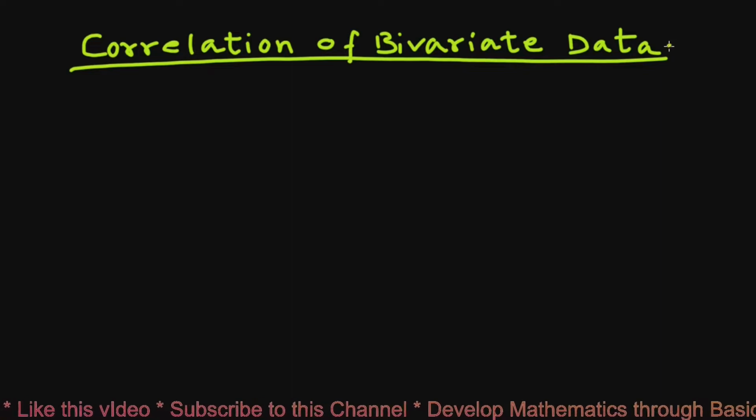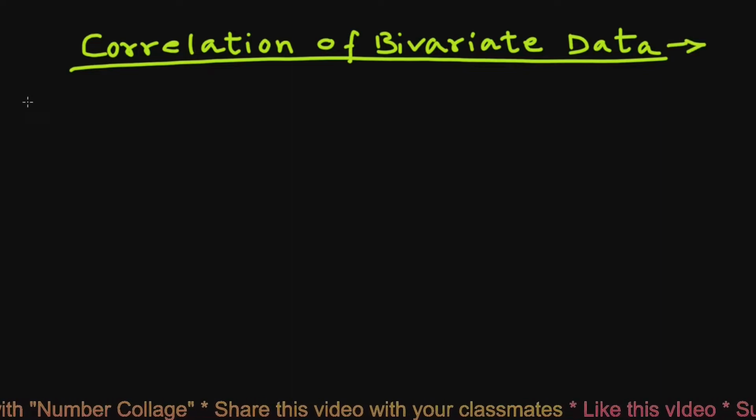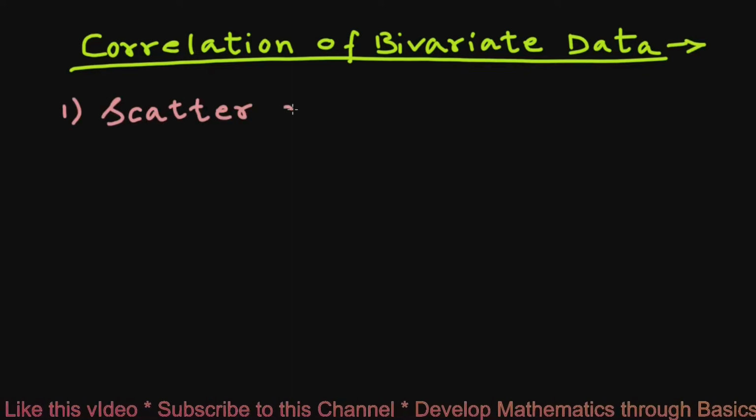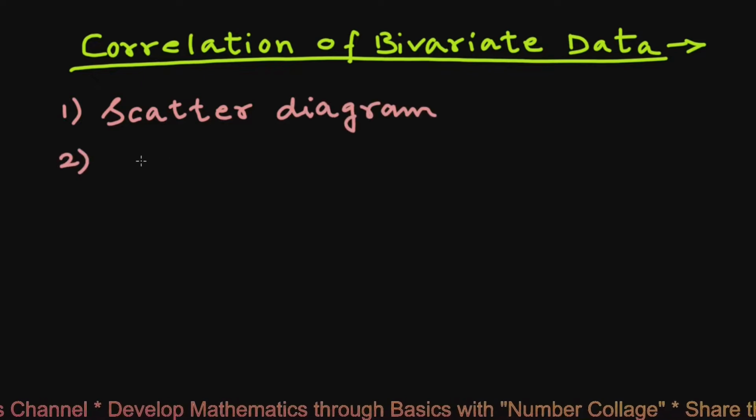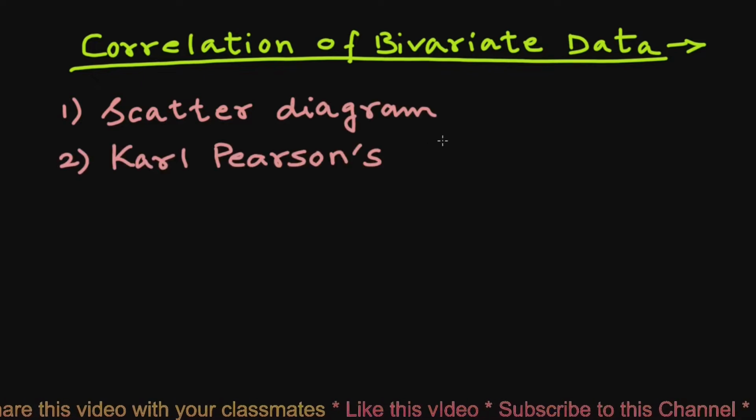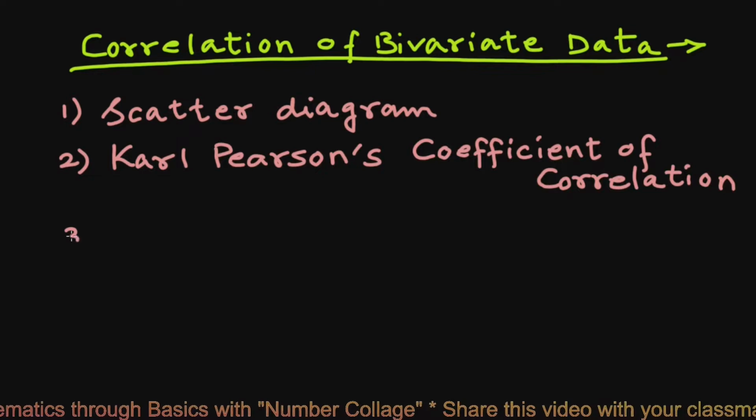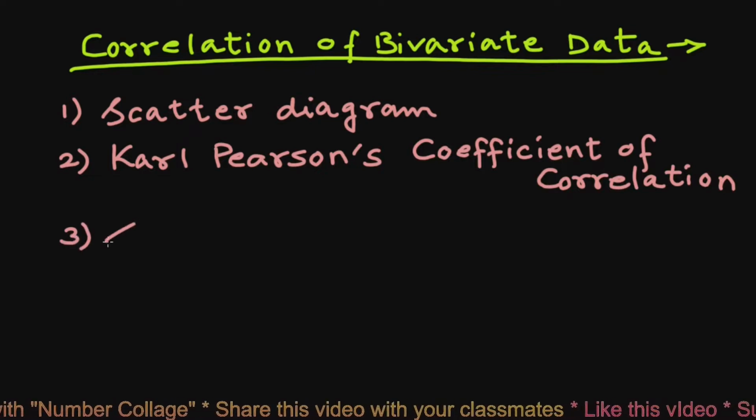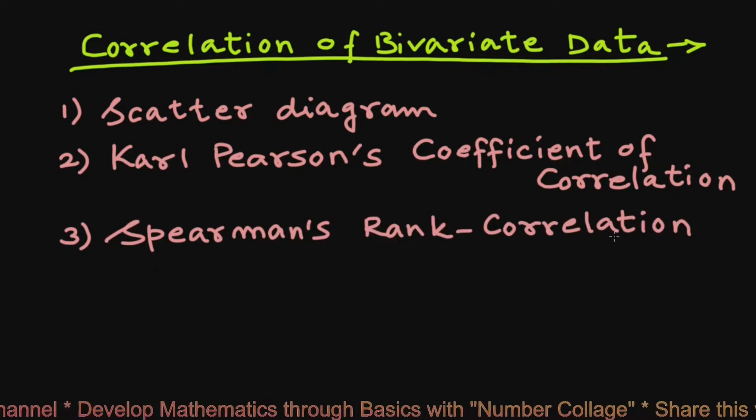Correlation of bivariate data is studied in the following methods. First method is scatter diagram, second is Karl Pearson's coefficient of correlation, and third is Spearman's rank correlation coefficient.